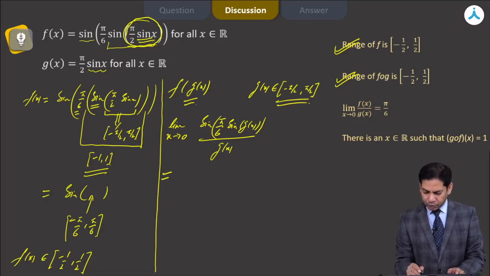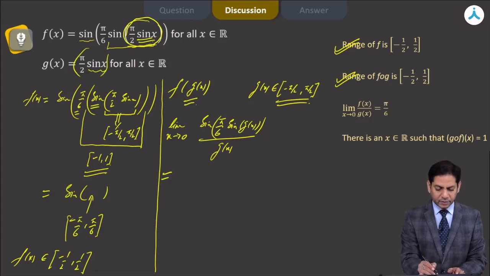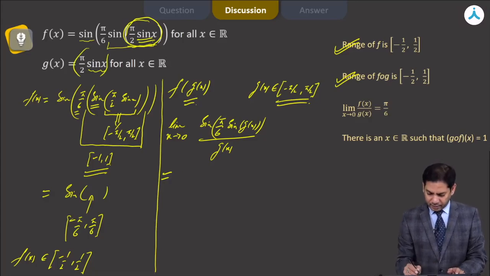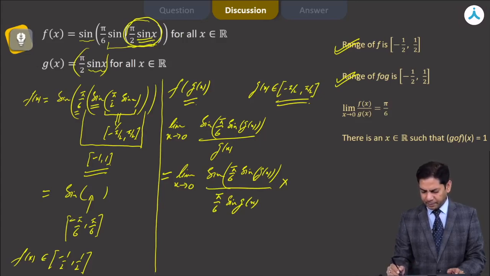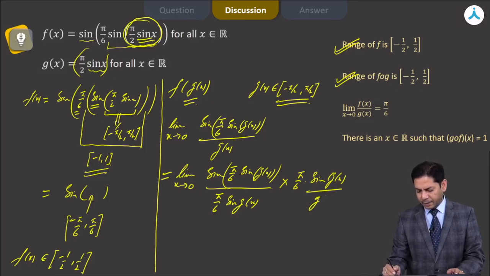When x is approaching 0, very clearly g of x is approaching 0. That means if we write it like sine of pi by 6 multiplied by sine of g of x, and manipulate it by dividing by pi by 6 sine of g of x, multiplying by the same thing, pi by 6 multiplied by sine of g of x divided by g of x.